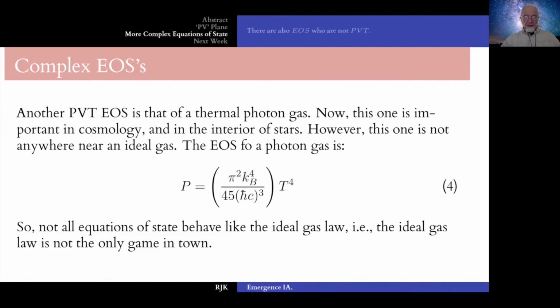It involves Boltzmann's constant, Planck's reduced constant, the speed of light, but it's just a constant. So pressure is directly proportional to the temperature raised to the 4th power. So not all equations of state behave like the ideal gas. The ideal gas law is definitely not the only game in town.